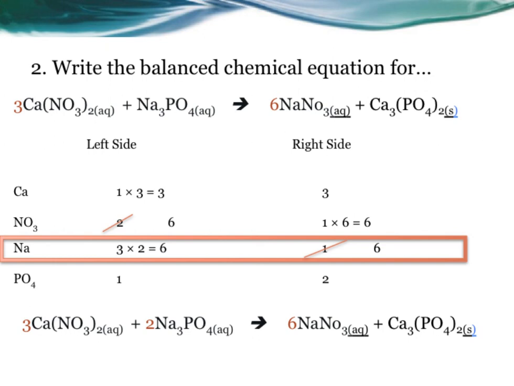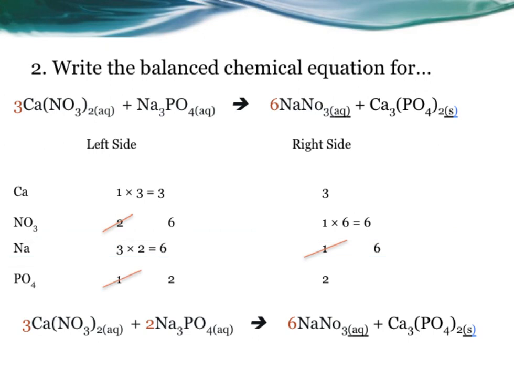When we added the coefficient of 6 on the right side before sodium nitrate, we changed the amount of sodium there are on the right side. Now we have 6 sodiums on the product side. The left side still has 3, so let's multiply 3 times 2 to get 6.